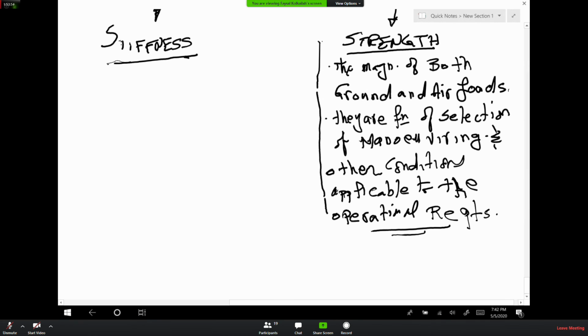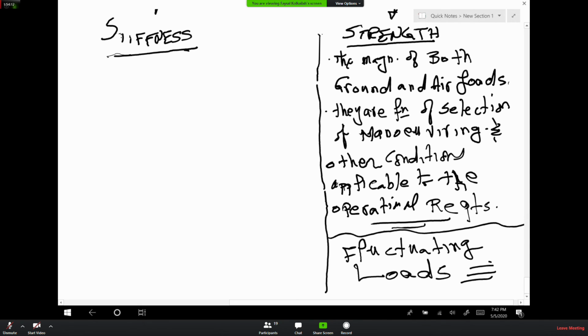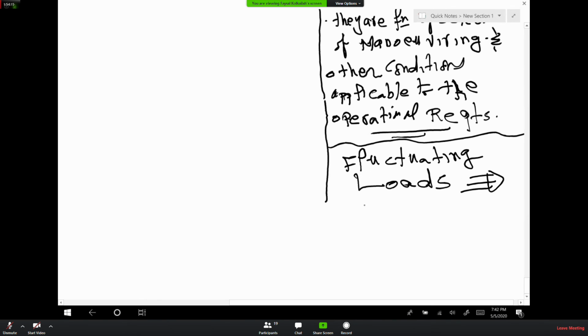So really, the problem with this is the fluctuating loads, which introduce, as we said, fatigue, which introduces failure by fracture.